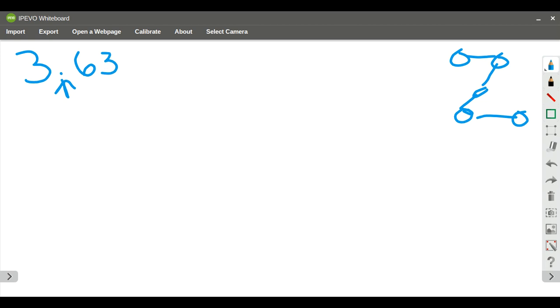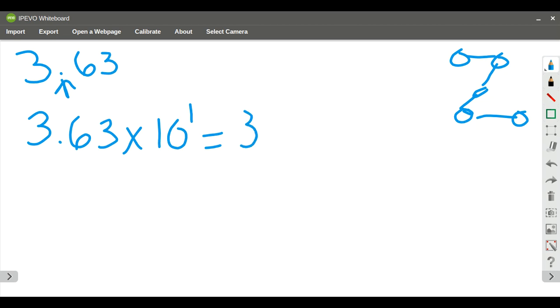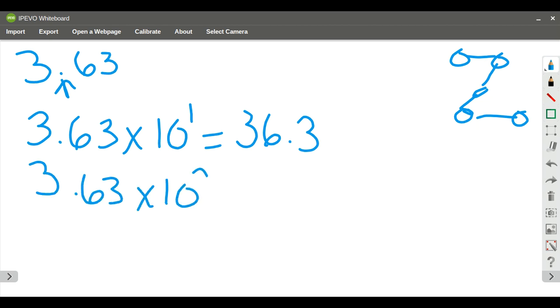If I have 3 and 63/100ths and I multiply that by 10 to the first power, I'm going to get an answer of 36 and 3/10. Then if I multiply 3 and 63/100ths by 10 to the second power, I'm going to get 363.